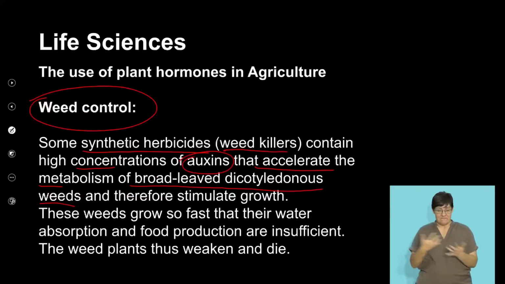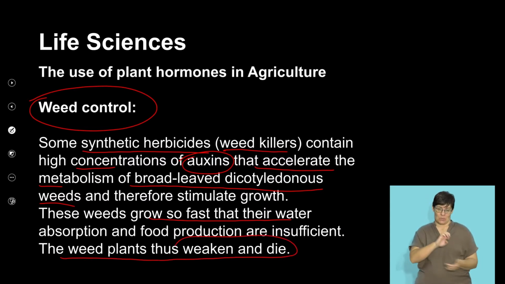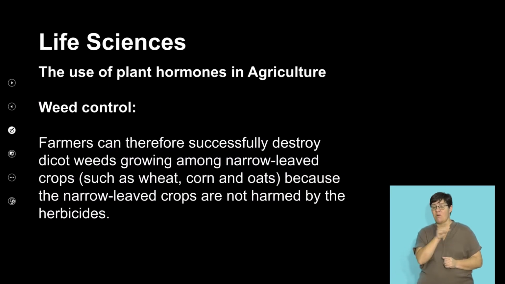And this extremely rapid growth can actually lead to them becoming weakened and dying. And so this will result in the farmers successfully removing the weeds and allowing for their monocot plants, such as your wheat, your corn, and your oats, to grow successfully.